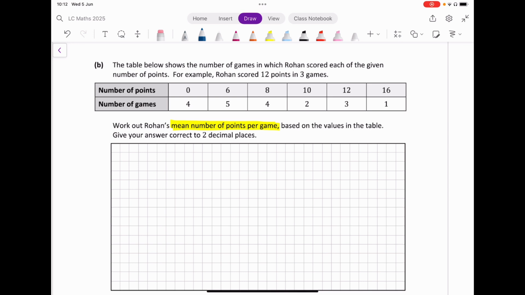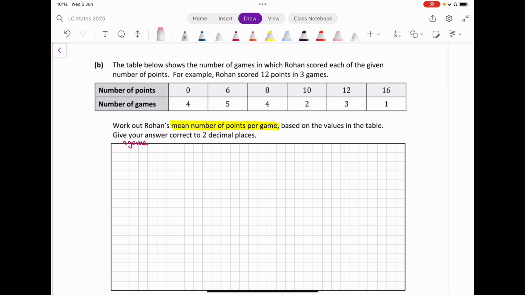But look at what's actually happening here. He's scoring 0 plus 0 plus 0 plus 0 in 4 games. Then 6 plus 6 plus 6 plus 6 plus 6 in 5 games. So each one of these is a game, so we have to take account of all of those games.